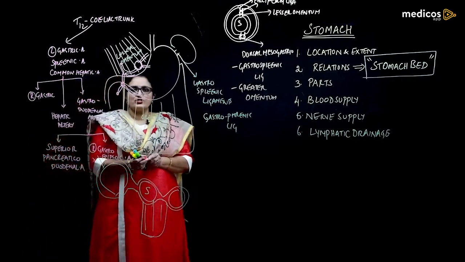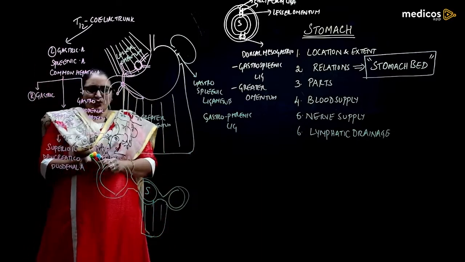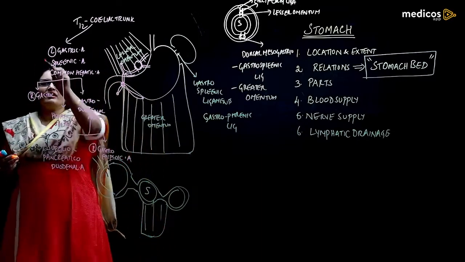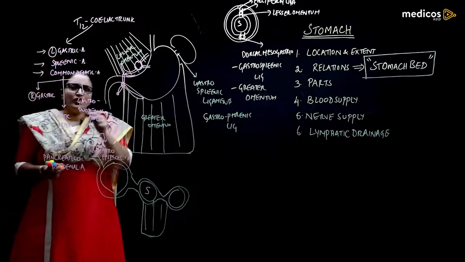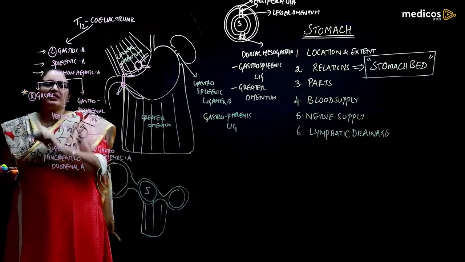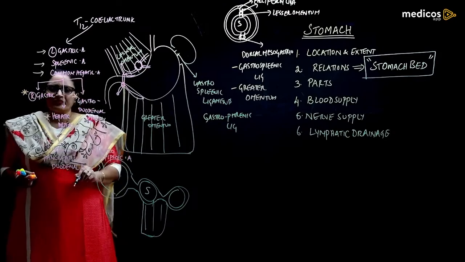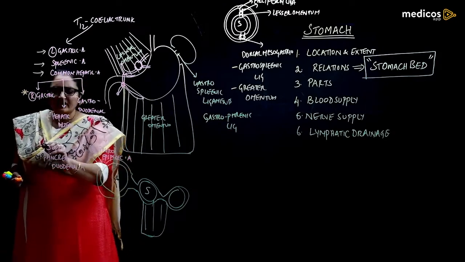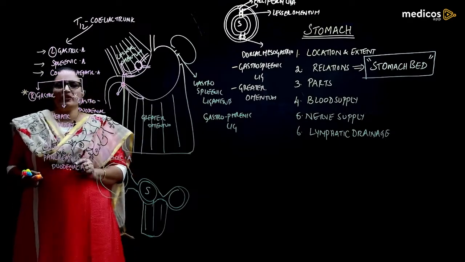So don't get confused here. The celiac trunk initially gives three branches: the left gastric artery, the splenic artery and the common hepatic artery. The common hepatic artery again divides into three branches: the right gastric artery, the hepatic artery and the gastroduodenal artery. The gastroduodenal artery again gives rise to the superior pancreaticoduodenal artery and the right gastroepiploic artery.